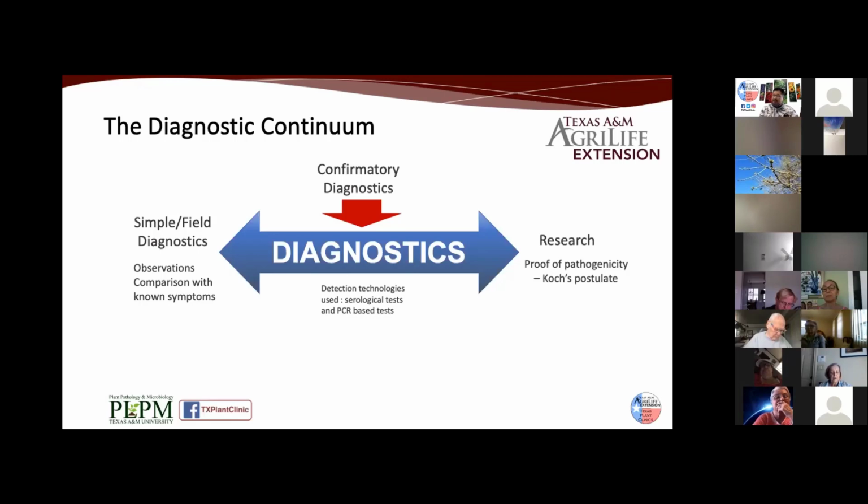There is a procedure named for a German scientist, called Koch's postulates. Koch's postulates were actually first developed for animal diseases, of all things, anthrax. And basically, the concept which we use in plant pathology takes this approach.